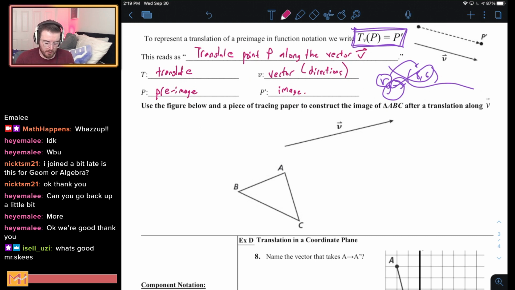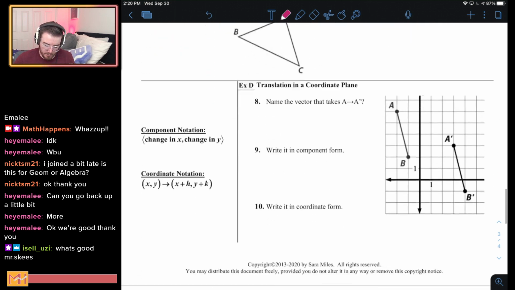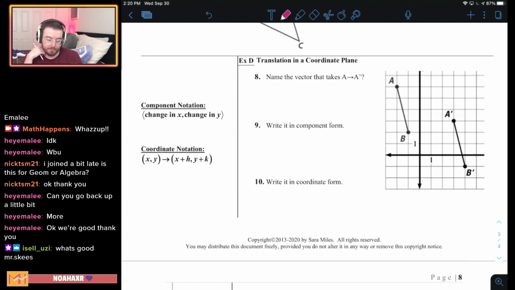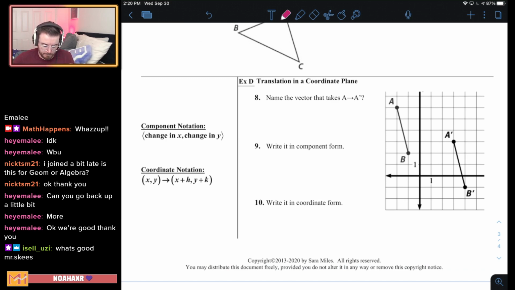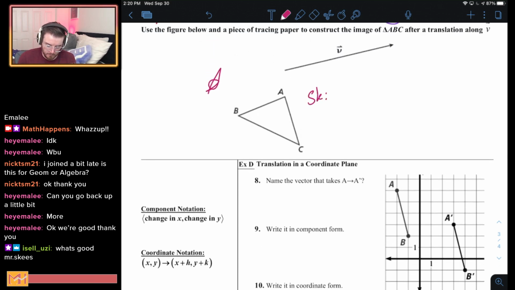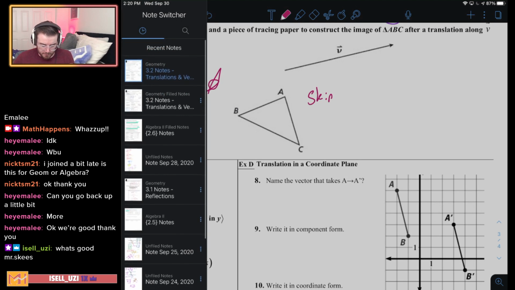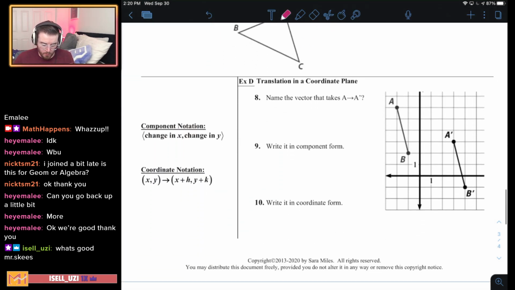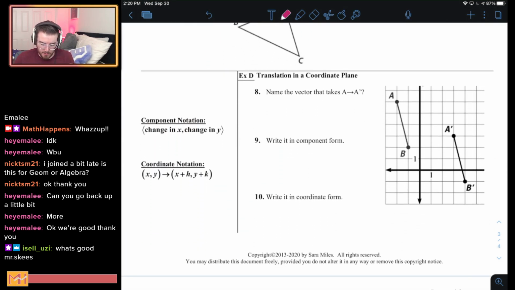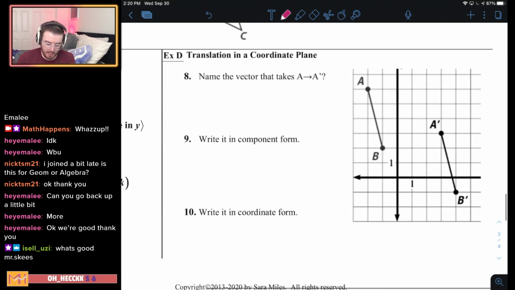We would do this in class with some tracing paper, but we don't really have tracing paper. So we're going to skip straight to the graphs. So what do we have here? We have an image and a preimage.